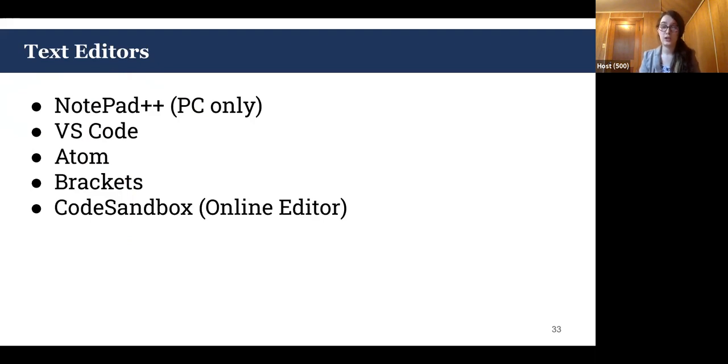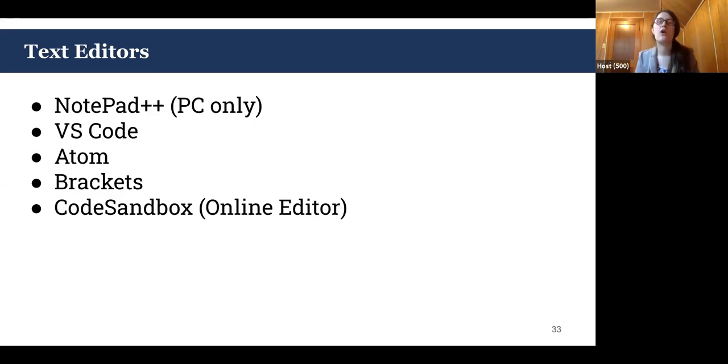Visual Studio 2020 is an IDE, an integrated development environment. I'm probably getting that acronym wrong, but it has another level of functionality for if you're building an app or a piece of software.